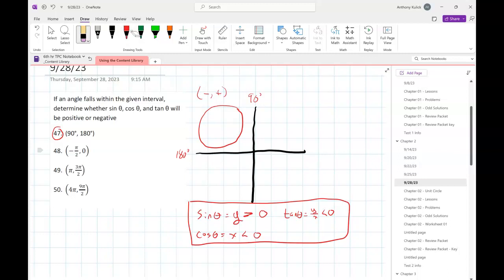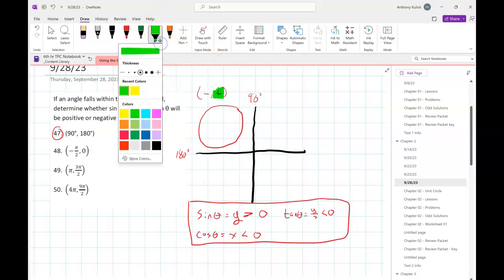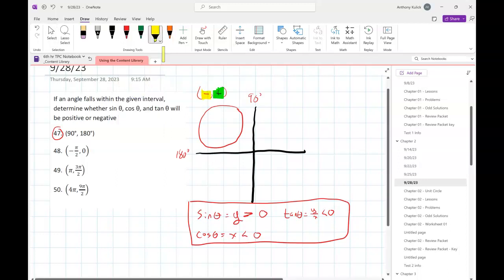So when you say sine theta equals y, are you looking at what? Yep. I'm just looking at if it's in the second quadrant. The y's are all positive there. It doesn't matter which angle in there. It doesn't matter which y you're looking at. All the y's in that quadrant are positive. So I'm not going to find a number here.